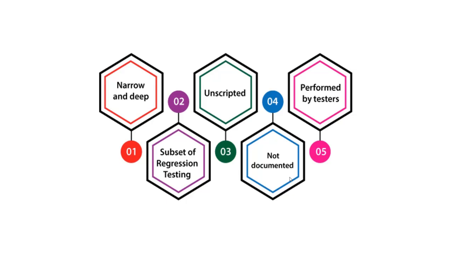So you understood why do we perform sanity testing and when do we perform sanity testing? Why: suppose there is a bug fix, then you have to confirm that the bug is fixed or not. For that you have to enter different sets of values to confirm whether it is working fine or not before closing the defect.